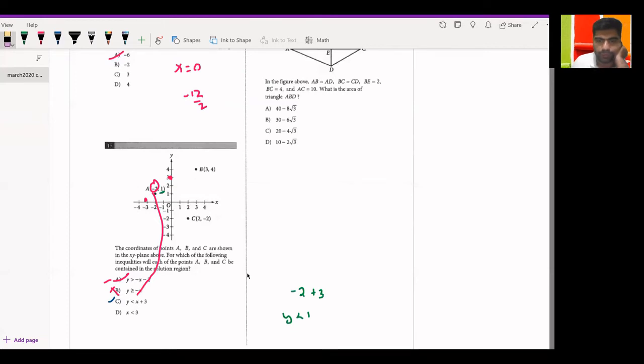So it doesn't work. If I plug in x equal to minus 2 in option A, y has to be greater than 0, and y is 1, which is actually greater than 0. So answer is A. Nice. So this thing you will have to plug in. Perfect.